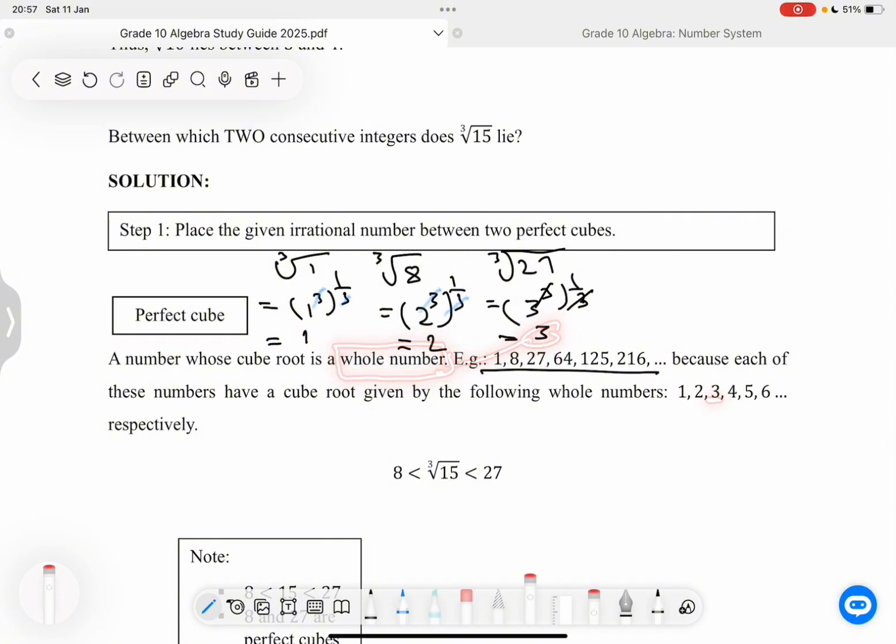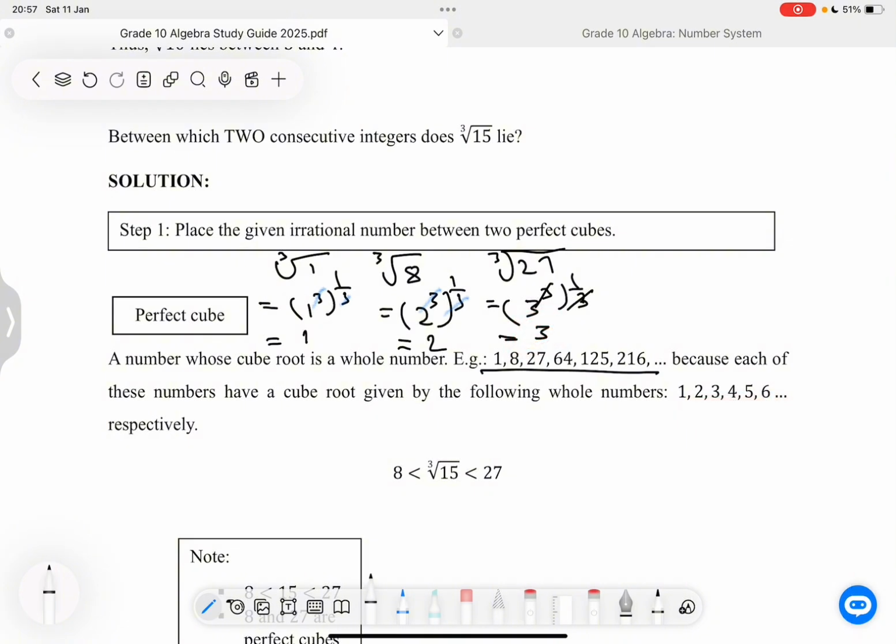So that means 27 must be a perfect cube. This continues even when you take other whole numbers like 4, 5, 6, 7, 8 and you cube them. They'll give you a number such that when you take the cubic root of that number, it gives you the whole number that you started with.